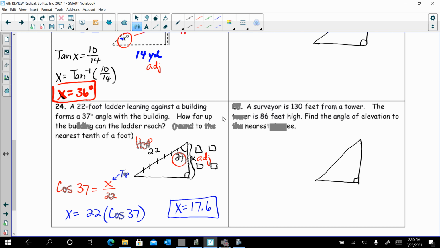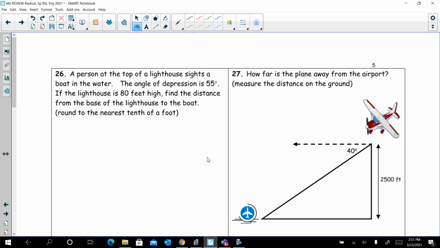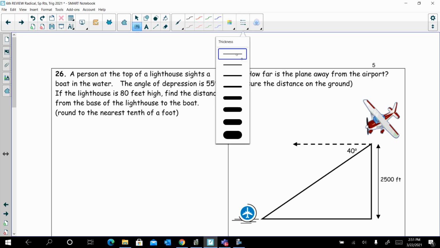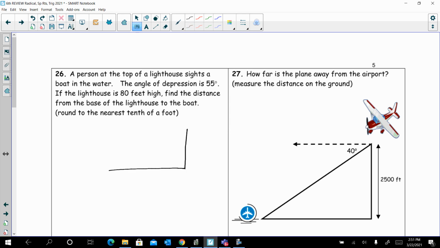If there's no picture given, draw a right triangle and then label according to the given information. Like if you look at 26, another one, no picture given. I'm just going to start off with a generic right triangle. A person at the top of the lighthouse sights a boat in the water.